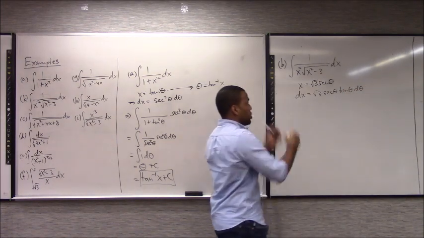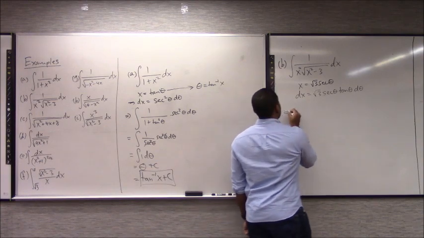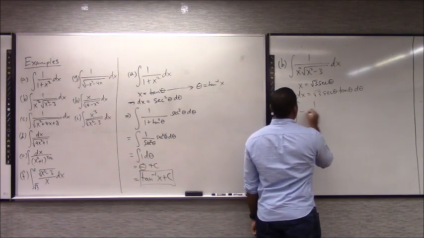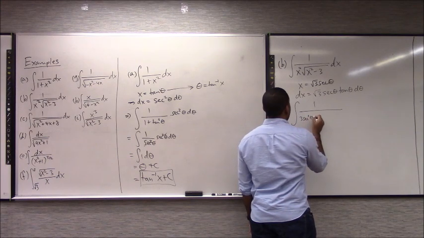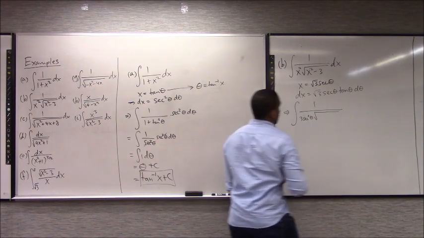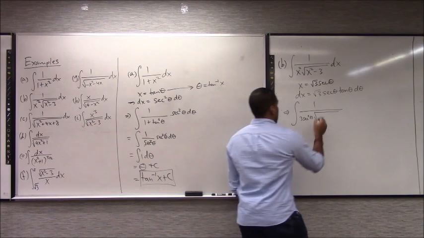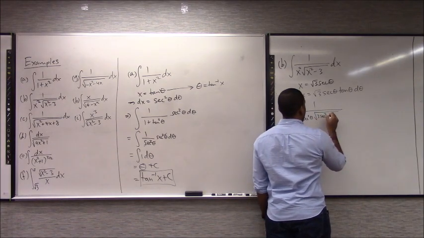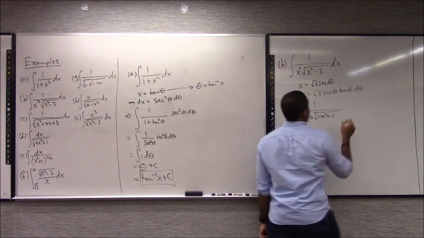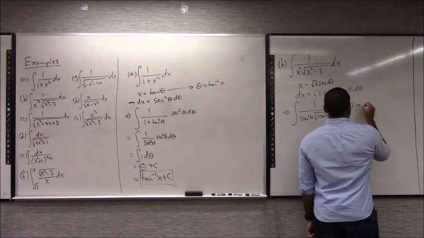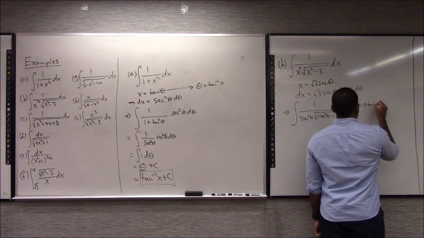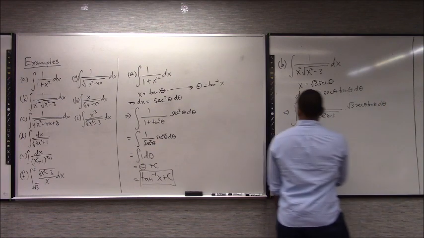Now you literally swap these all in. Our integral is going to become 1 over x squared, which is 3 secant squared theta, times the radical of 3 secant squared theta minus 3, times your dx, which is radical 3 secant theta tangent theta d theta.